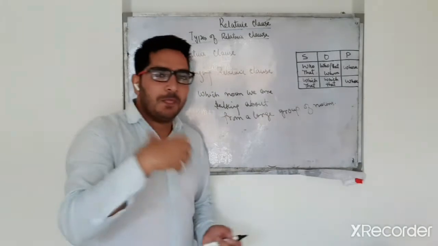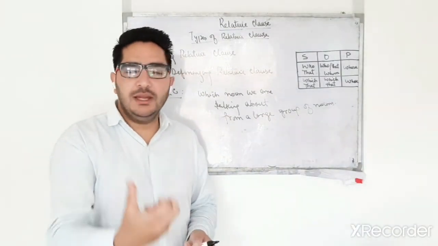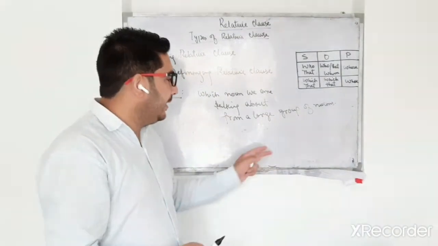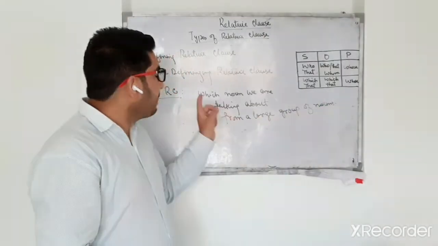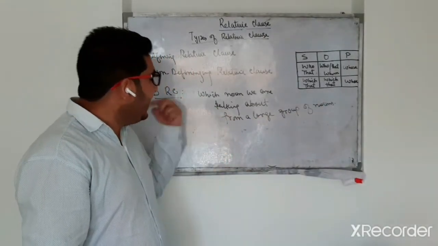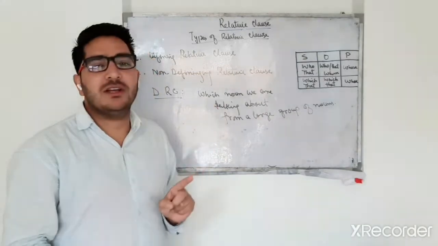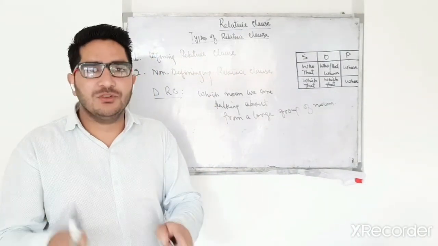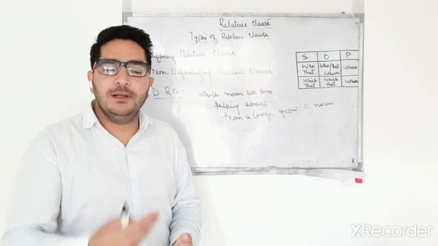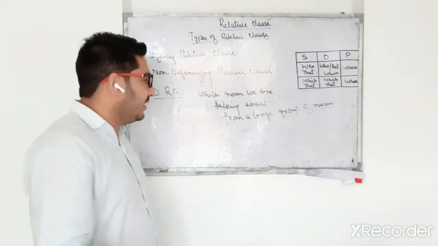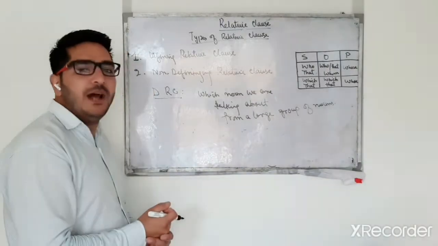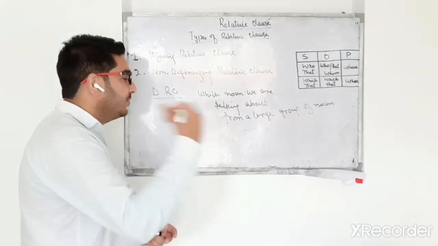For example, we have a sentence, there are two, three nouns, and there are some persons, some things, but this defining relative clause tells us which noun we are talking about from a larger group of people, from a larger group of things.